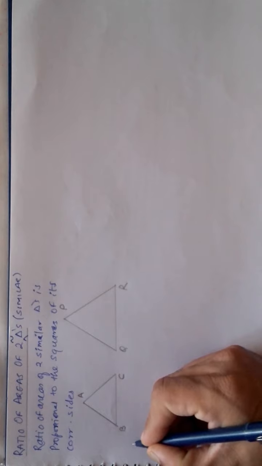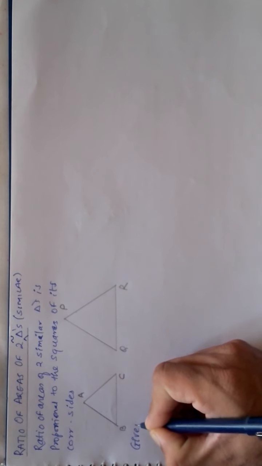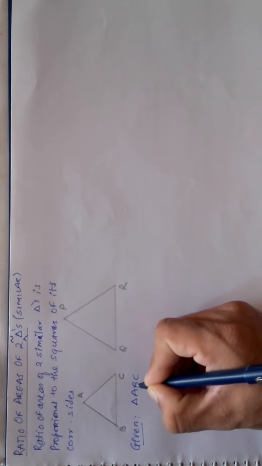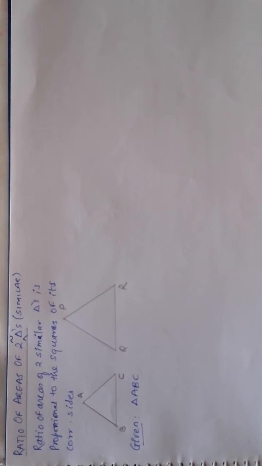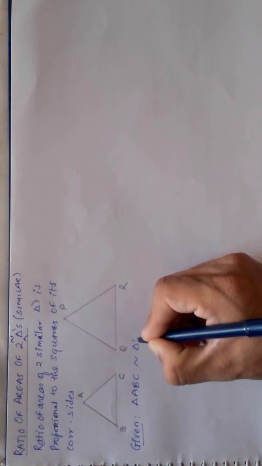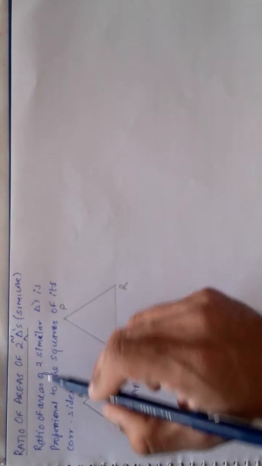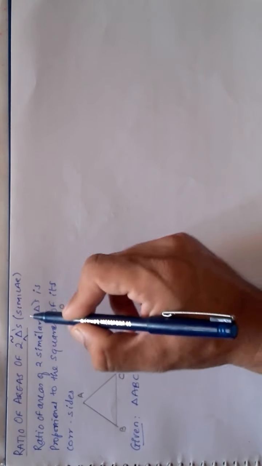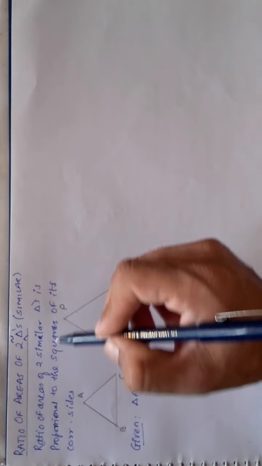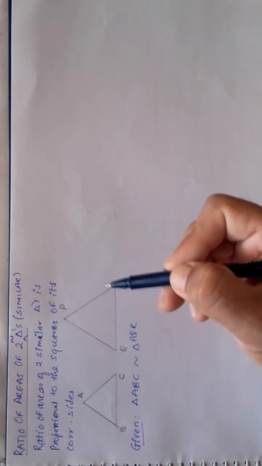So my given part says that I have triangle ABC. Now it is not told, so I can take correspondence of my choice, similar to triangle PQR. Agreed? Then the ratio of areas of the two similar triangles should be proportional to the squares of their corresponding sides.